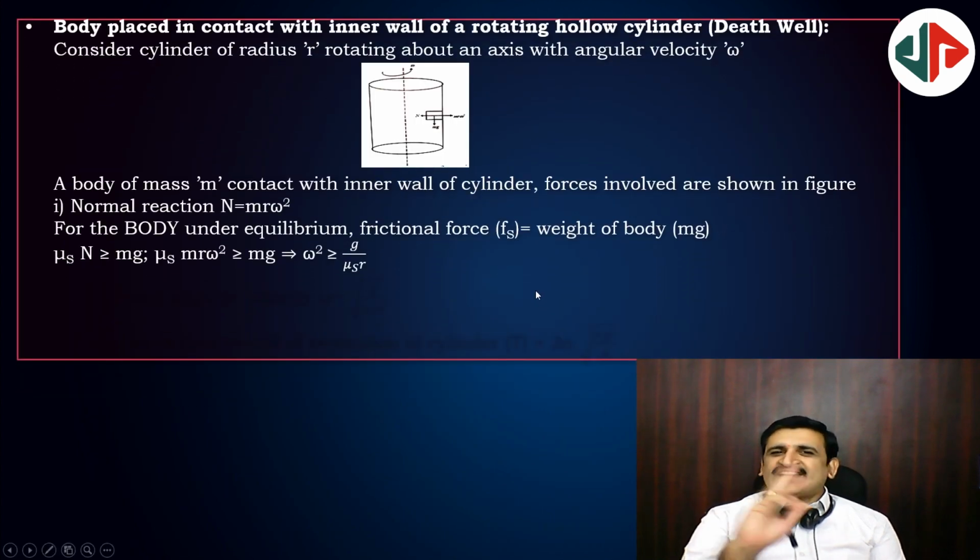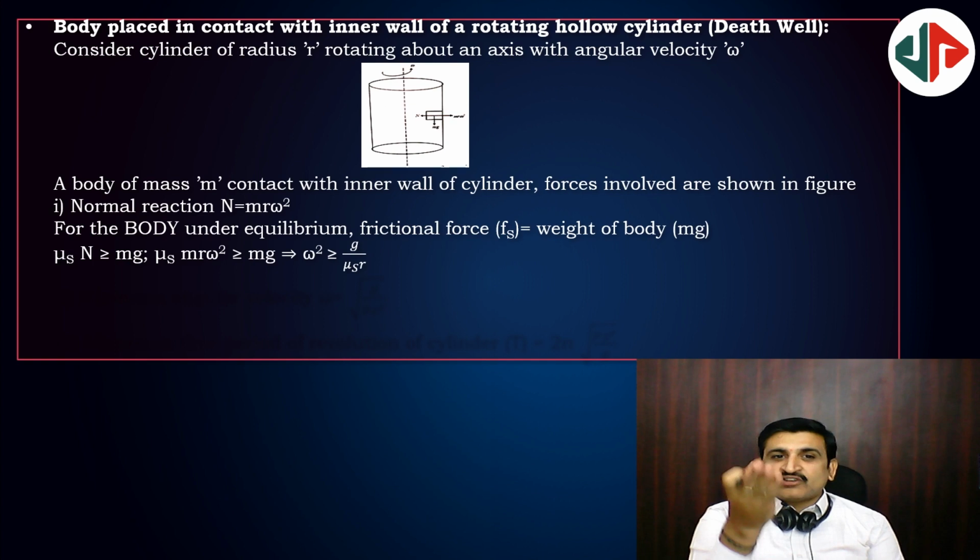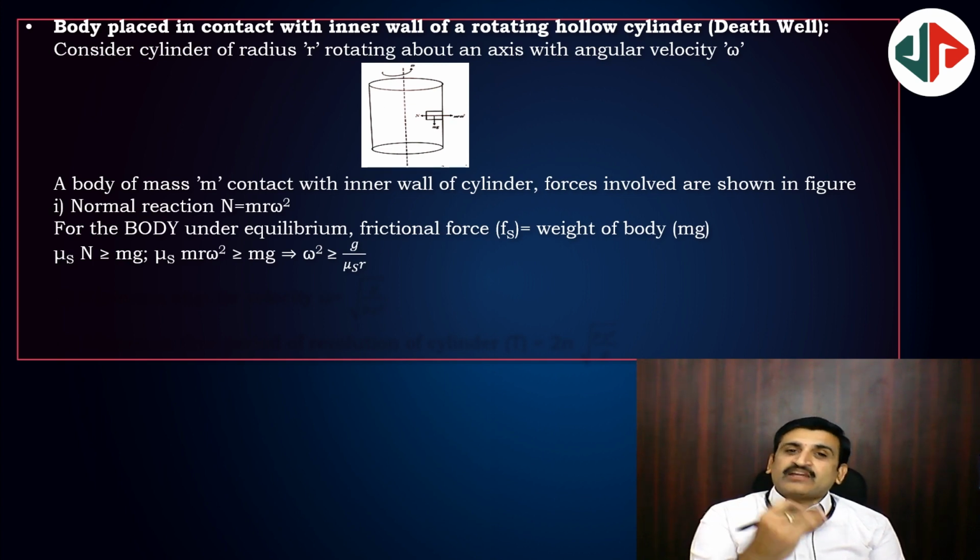A body is in a drum and is rotated, then how much angular velocity you have to impart to the drum such that it won't fall down. If you are rotating the drum, then there will be a centrifugal force on the block attached to the circumference. That centrifugal force supplies the necessary normal contact force and thereby friction.